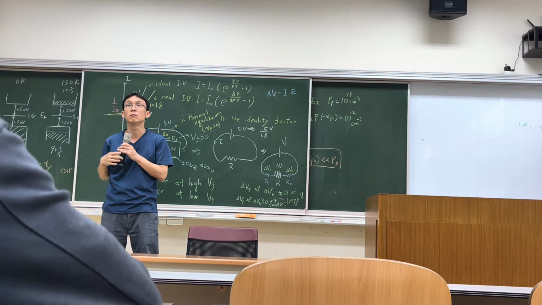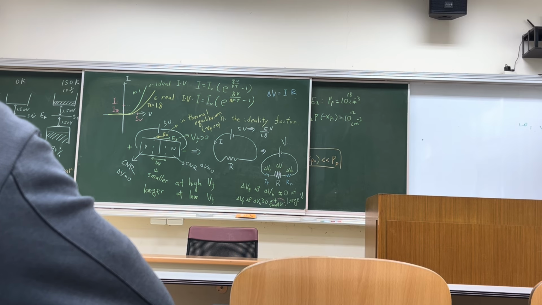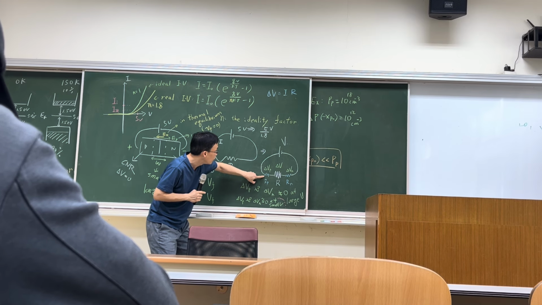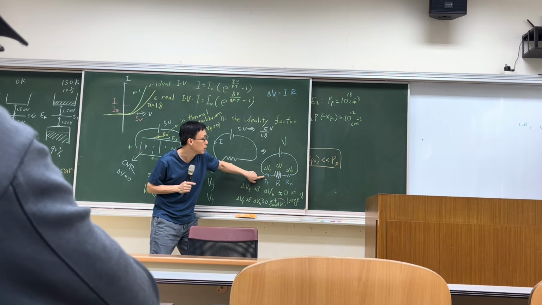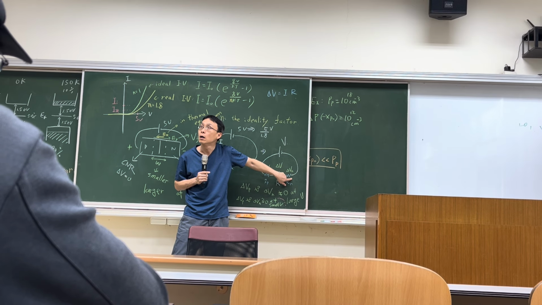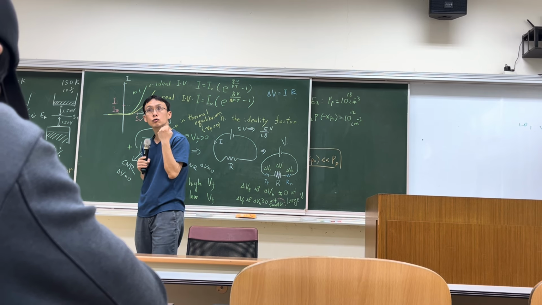It's broken, right? Because the first assumption says no voltage drop in the quasi-neutral region, which means delta V is 0 here. Delta V is also 0 here, right? This assumption is not true.